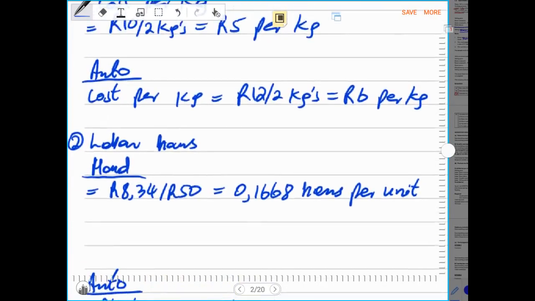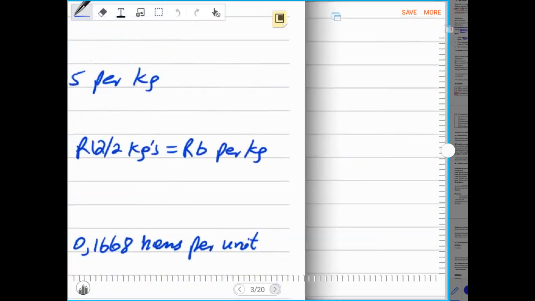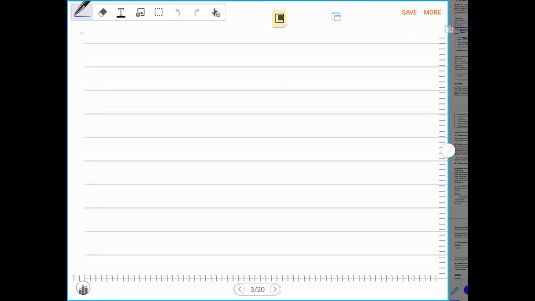This was labor hours. Now we go to working number 3, which is manufacturing overheads. Remember again, our manufacturing overheads are provided in total. So we have hand, and under hand we calculate hours per unit.